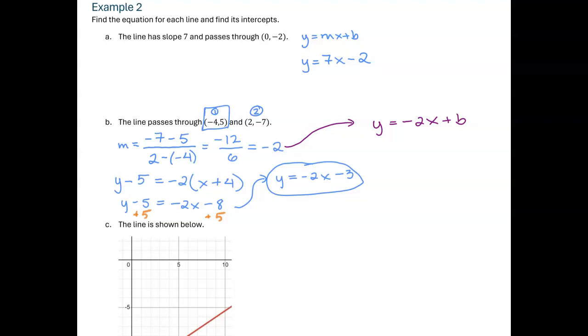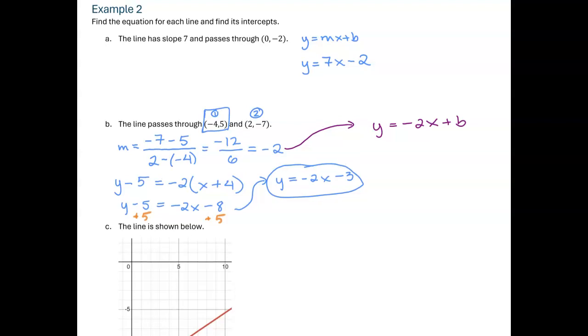What's always true is that if the point is on the line, it makes the equation true, which means we can validly say that when we plug a 5 in for y and a -4 in for x, that is a valid statement, so we can solve it for b. And if we multiply and then subtract 8 from both sides, we get that our b is equal to -3.